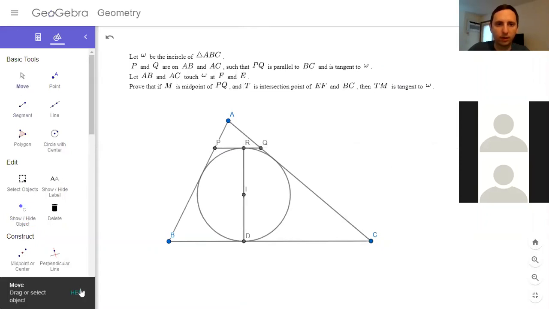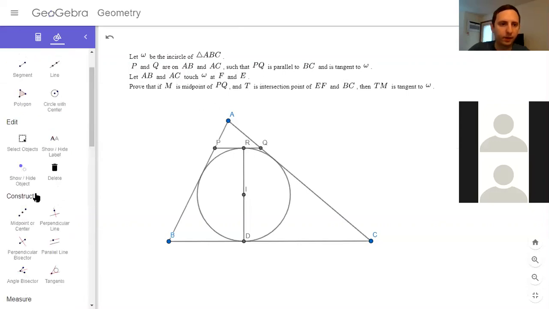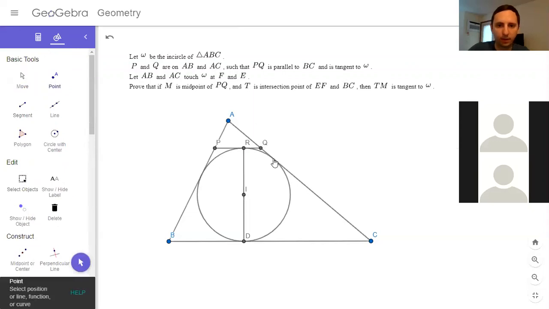AB and AC touch the incircle at F and E, so EF.